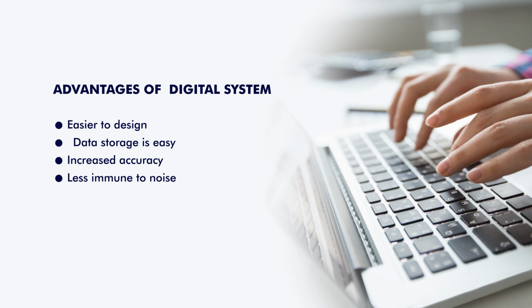Let us take the example of an analog signal. Suppose I am sending an analog signal of 5 volt and I am transmitting it, and 0.3 volt is added as noise, and at the receiving end I receive it as 5.3 volt.